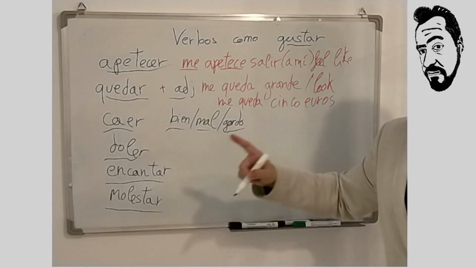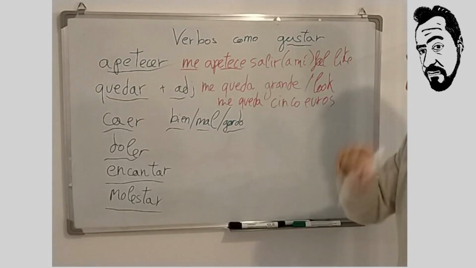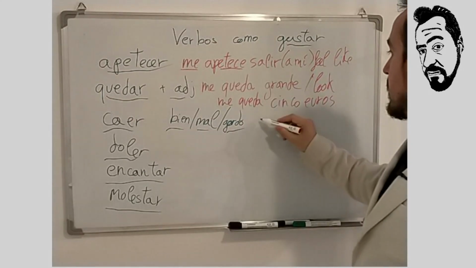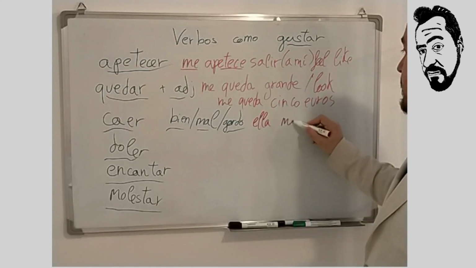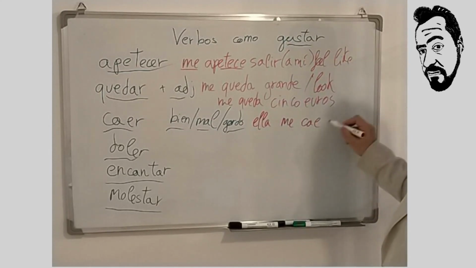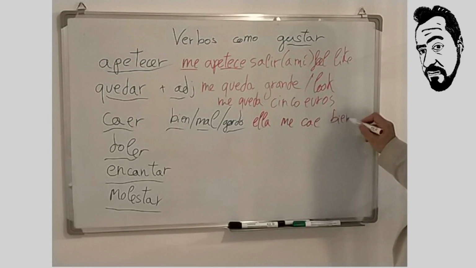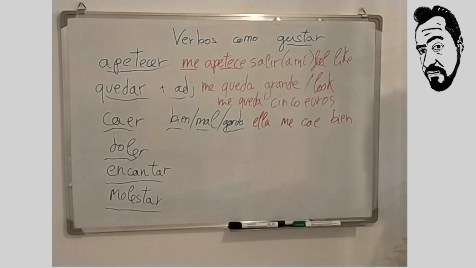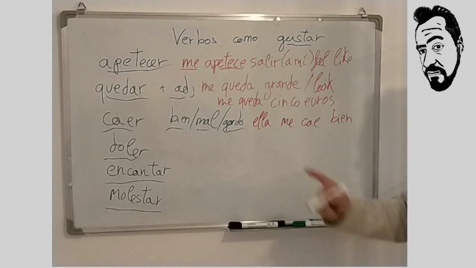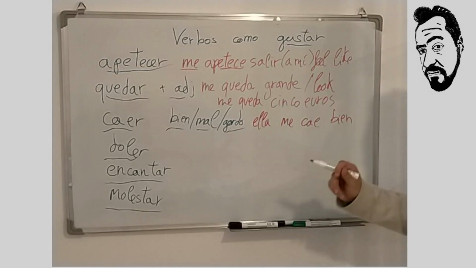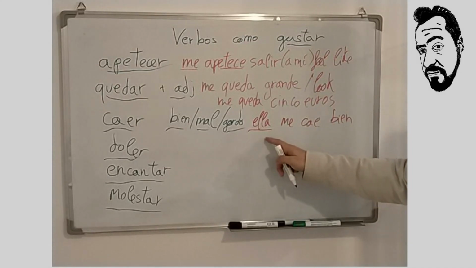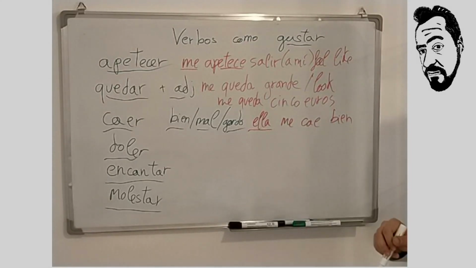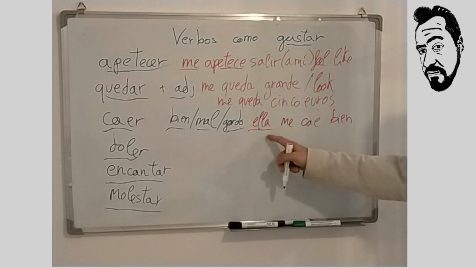Caer bien, mal, gordo. Ella me cae bien. So I like her. I really like her. Okay? Notice here, this is not the subject of the sentence. I mean, in English you wouldn't say it like this.